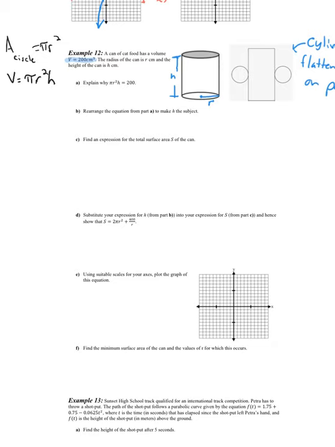And that's what we're doing here. We're saying, hey, we're going to find the area of a circle, pi r squared. And then we're going to multiply it by h, which is the height. And that's where the volume comes in, pi r squared h. So it's saying pi r squared h equals 200. That is the volume of a cylinder equation.